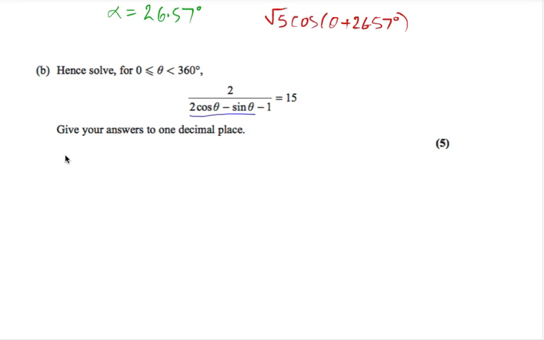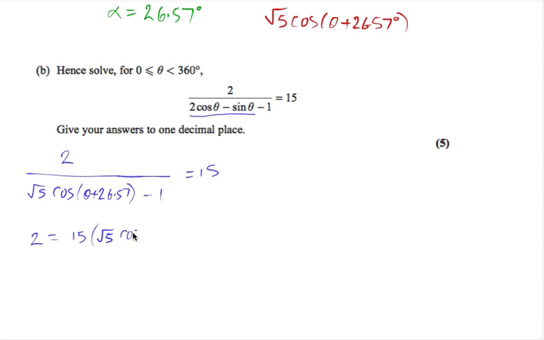So this equation we can now write as 2 over (root 5 cos(theta plus 26.57) minus 1) equals 15. We can cross multiply with the denominator to get 2 equals 15 times all of this, which I'll put in brackets: root 5 cos(theta plus 26.57) minus 1.